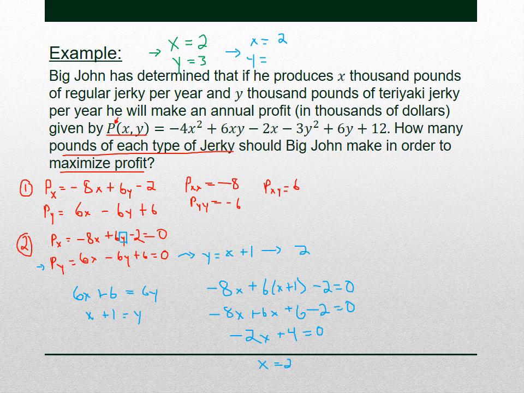That equation should look vaguely familiar. What we get out of that is minus 2x plus 4 equals 0. And what we get from that is x equals 2, just like we got when we did the stuff in green. So that's good. Now we go back to our y equals x plus 1, plug in 2, and you get 2 plus 1 is 3, so y is 3.